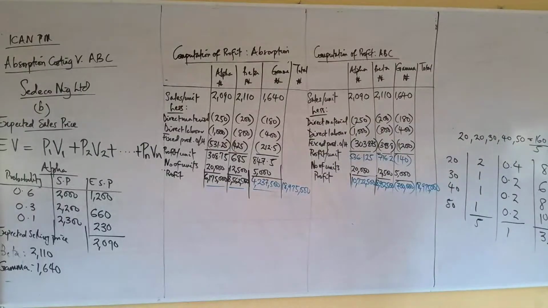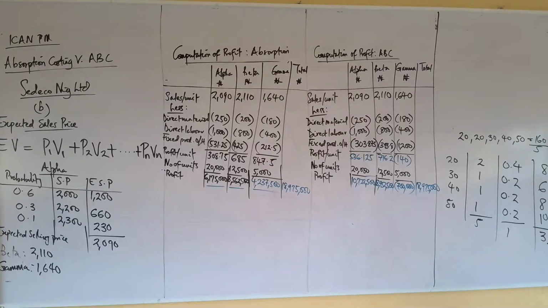Profit is the same on both angles. The only thing now is the individual profits of different products. Under absorption costing, you're seeing gamma recording profit of 4237, so the manager of gamma will definitely be appraised for it. But when they switch to ABC, they can see that gamma is using a lot of the company's resources and is actually not profitable.